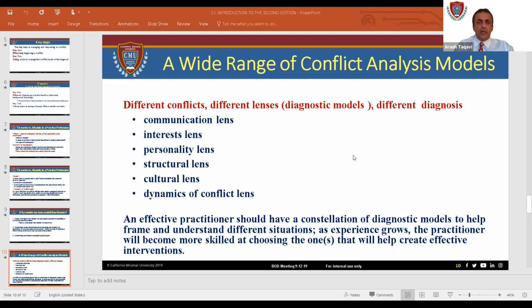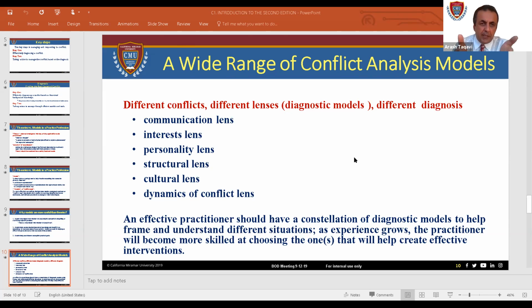We can consider models as a lens. Different conflicts, different lenses, or diagnostic models, and different diagnoses. It depends on which lens, which diagnostic model, you are using to look at your conflict, your problem.